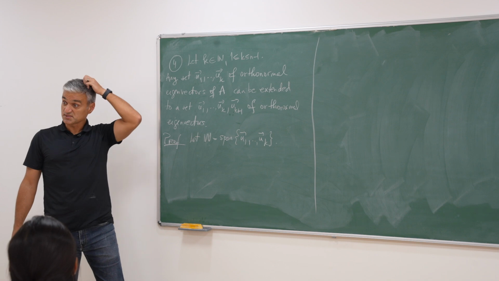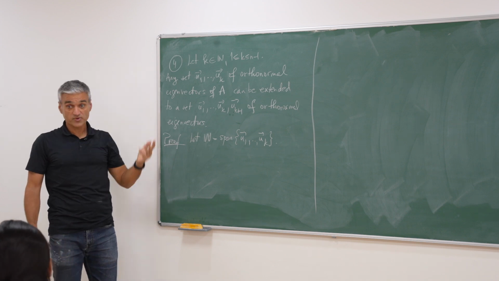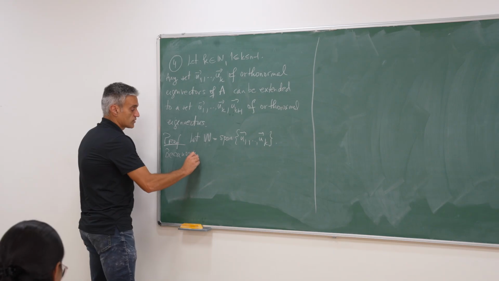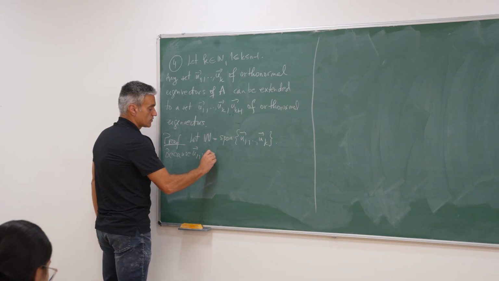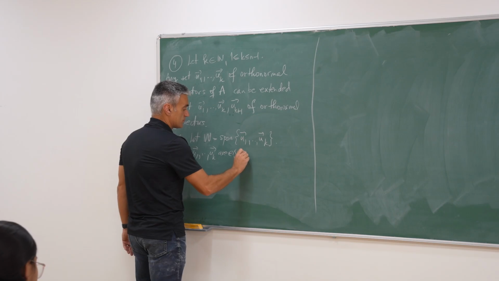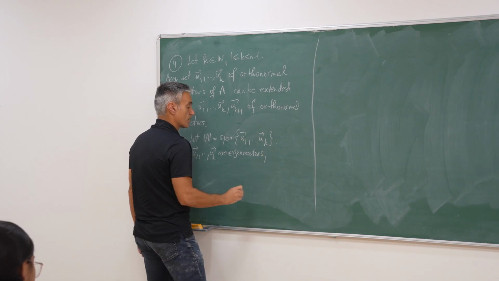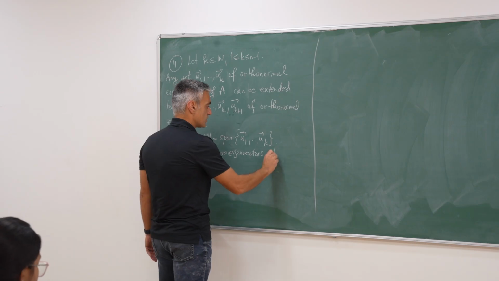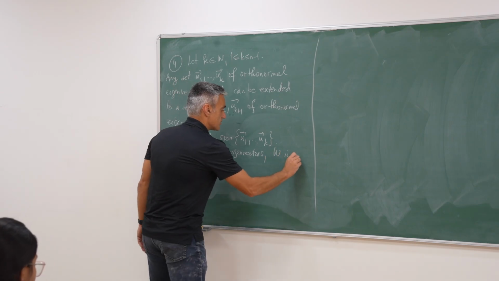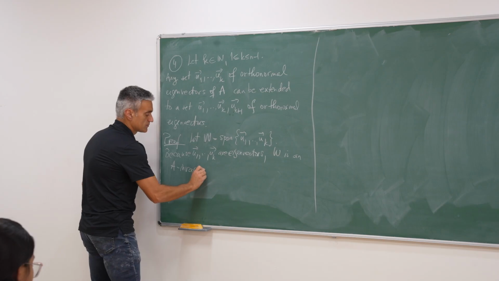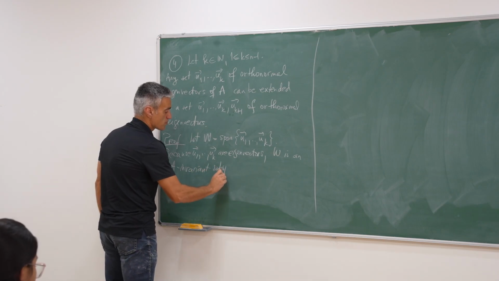What kind of a subspace is it? Invariant, because U1, ..., UK are eigenvectors. This is obviously from the definition. W is an A-invariant subspace.